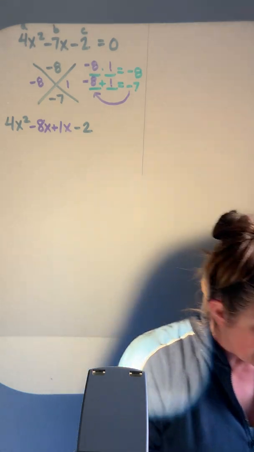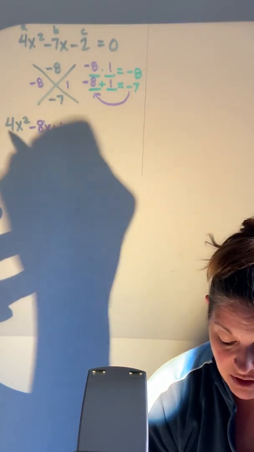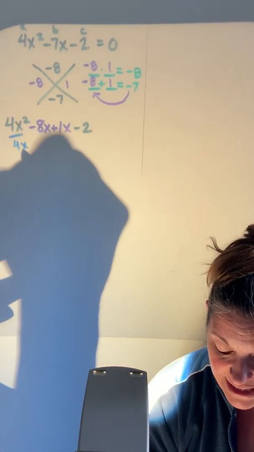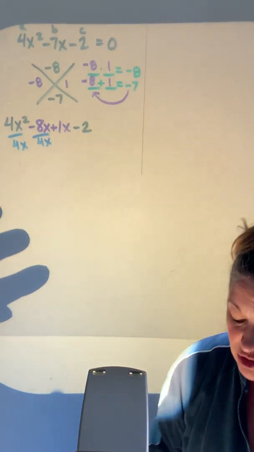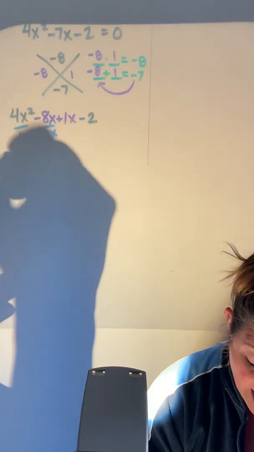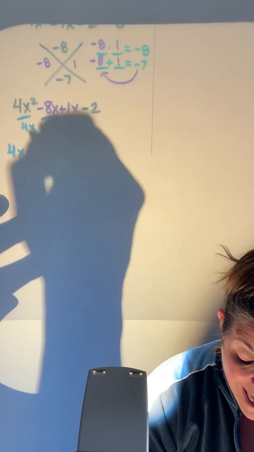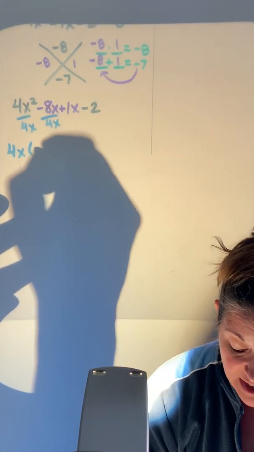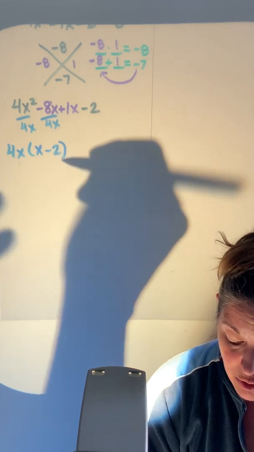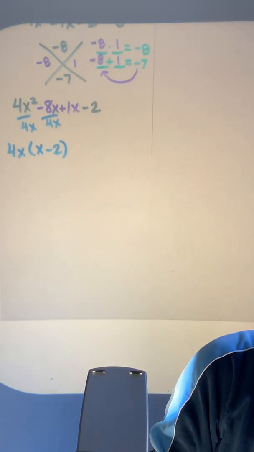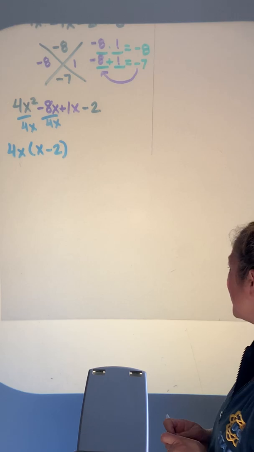We're going to go ahead and do our double grouping. So we're going to pull out the GCF of both halves. The GCF of this first half is a 4x. When I divide out a 4x from both of these, I get an x minus 2. In the second half though, notice I just have a 1 and a 2.